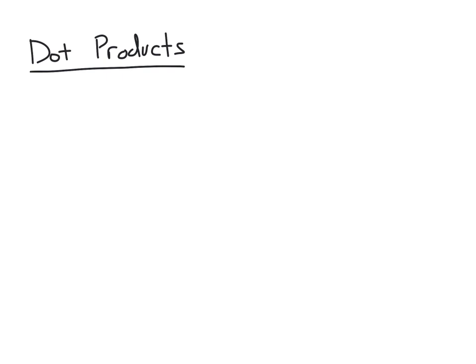If we look at how scalar multiplication and vector addition were defined, they were both defined in the most logical way possible. We just add or scalar multiply in each component.